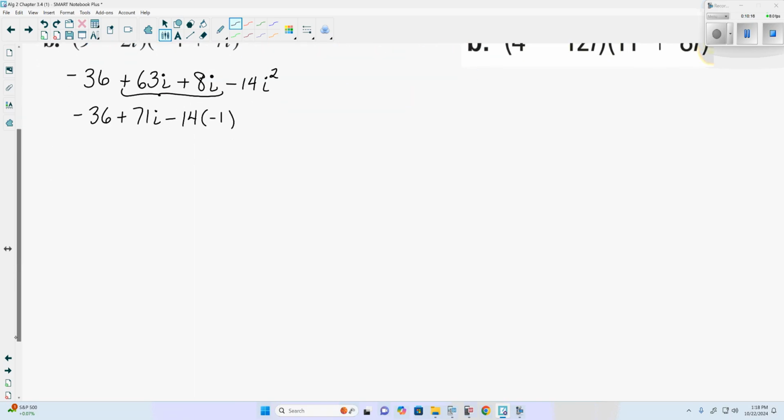So what that tells us is that we have -36. -14 times -1 is positive 14. So we have negative 36 plus 14, and negative 36 plus 14 is negative 22 plus 71i.